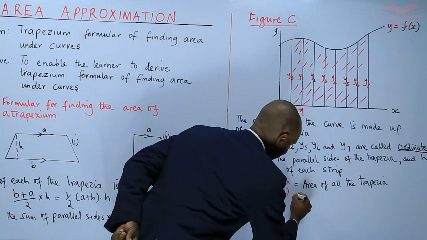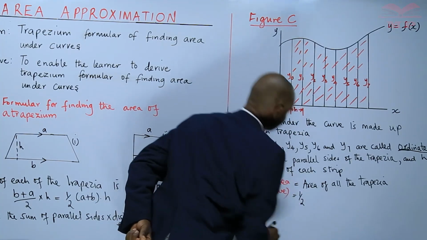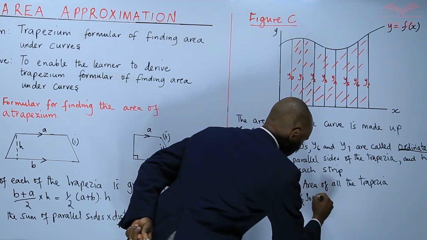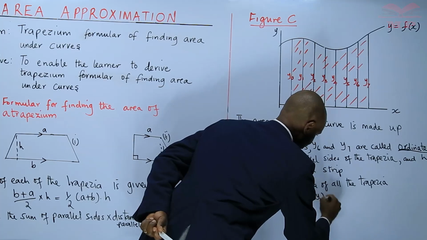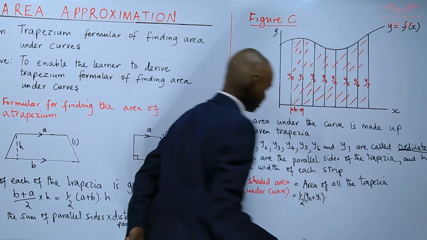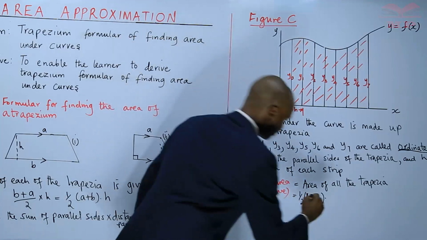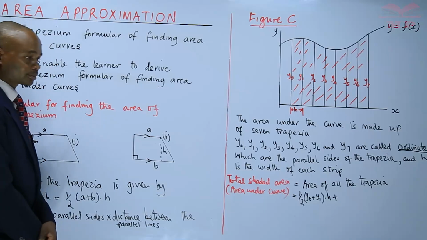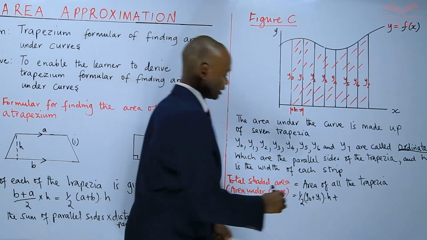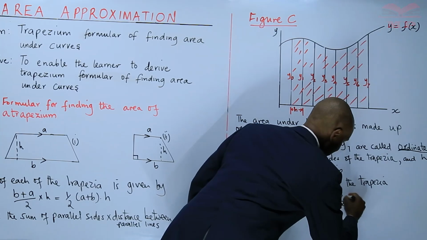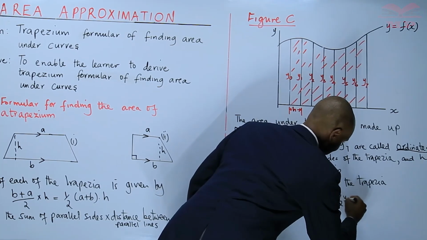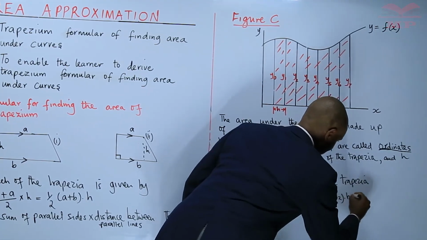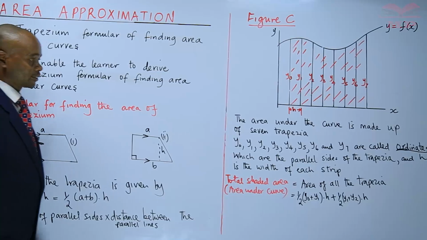For the first one, I have a half y0 plus y1 times h, which is the width, plus, we come to the second one, a half y1 times the width h. We go to the third one.